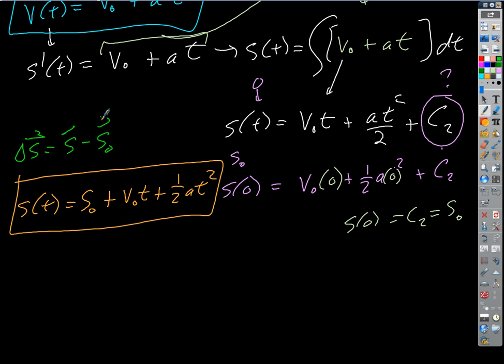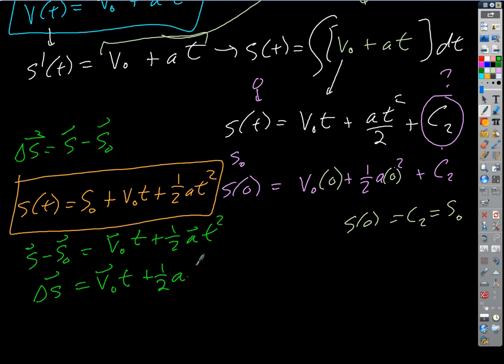So if I subtract s naught from both sides, I get s minus s naught equals v naught t plus 1/2 a t squared, and there's your displacement. So delta s equals v naught t plus 1/2 a t squared. That ought to look pretty familiar.